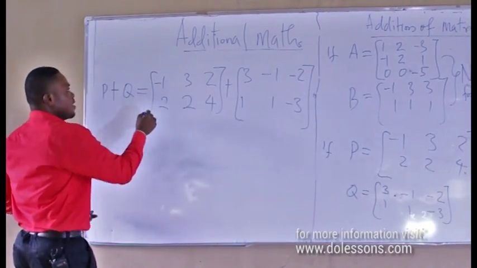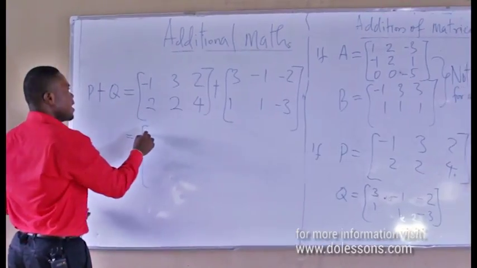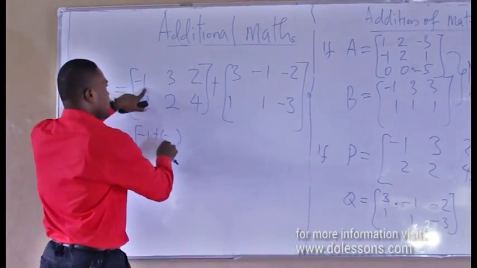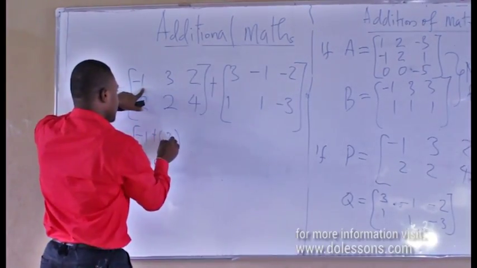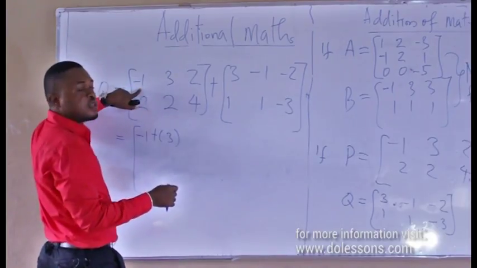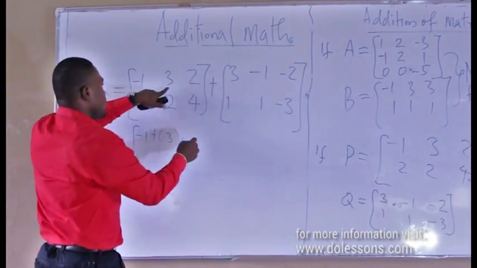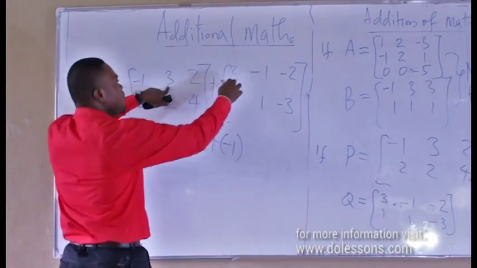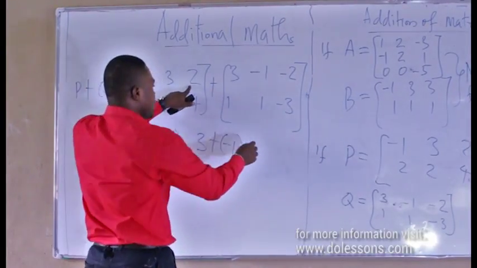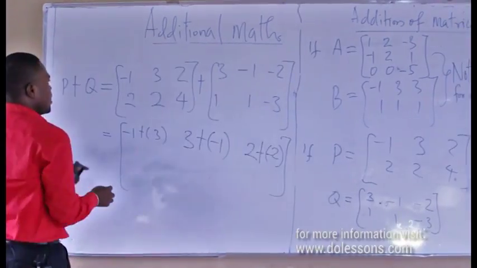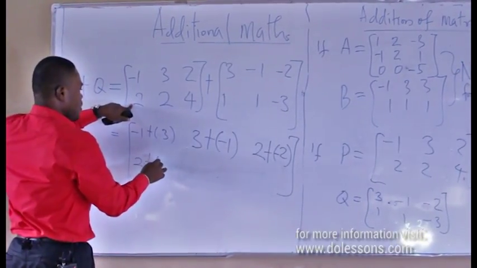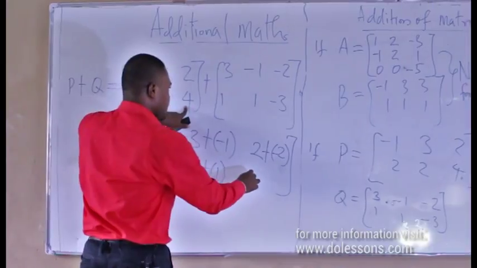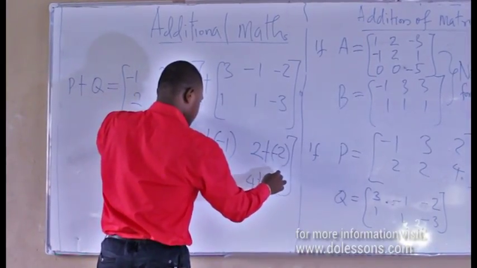We put it in this form: minus 1 plus 3, that is this minus 1 from the first matrix plus 3 from the other matrix. Then 3 from here plus minus 1 from here, and 2 from this matrix plus minus 2 from the other. Similarly, 2 plus 1, 2 plus 1, and 4 plus minus 3.